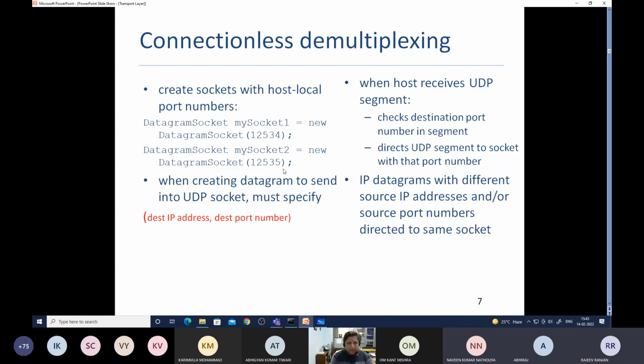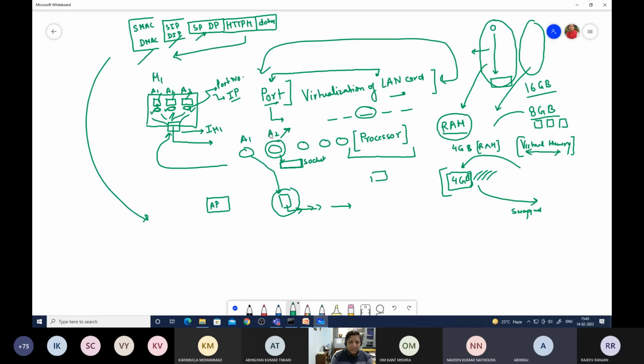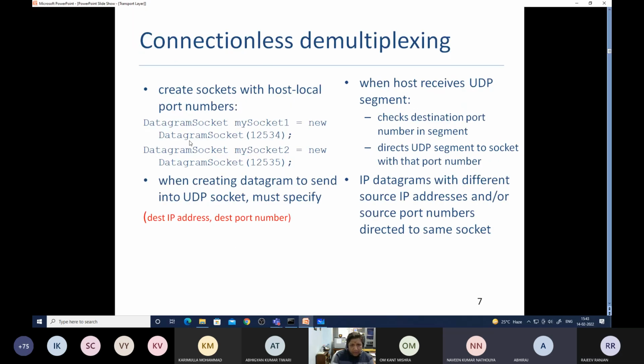In C and in BSD Unix, there is a system call known as socket. We'll be seeing that. You can create a socket by using this socket system call. Obviously, if Java is running on Linux, this particular statement from the package will be translated into this socket system call.